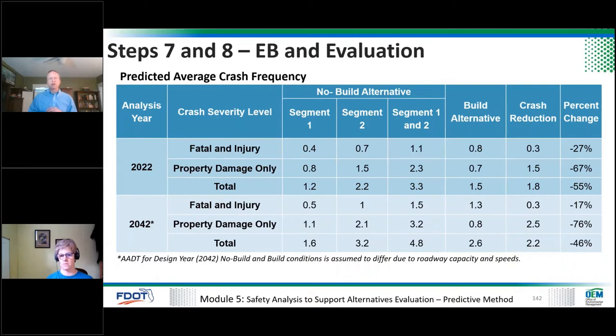If this was a public presentation on this project, I might decide to show the 20 years and not show any decimals so that the public isn't confused by that. How can I have half of a crash? So your audience is important as you're thinking through some of that. So that's part of the answer.